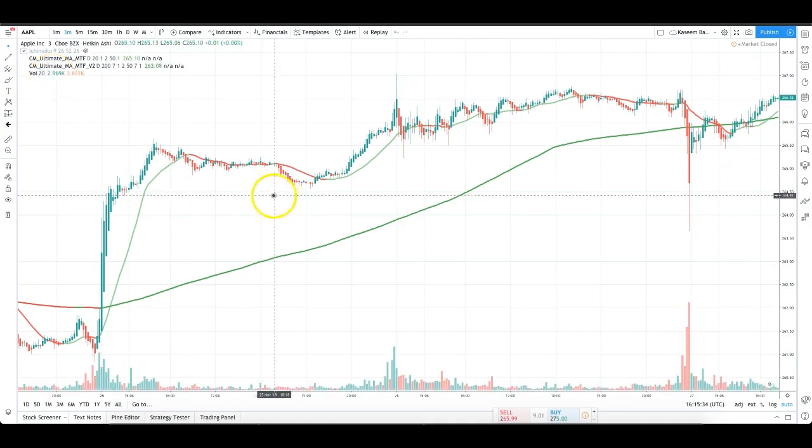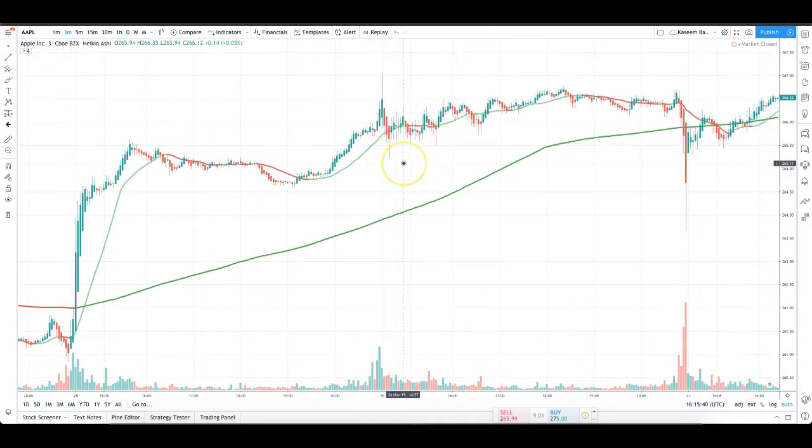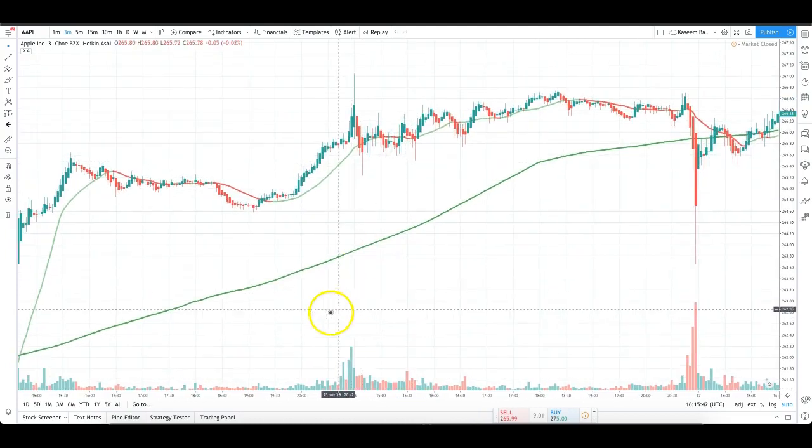So let's unleash the volume. This is what the volume looks like. So yeah, at this point, looking at the volume here, you can see that after we've had some solid buying, at this point people are basically selling.